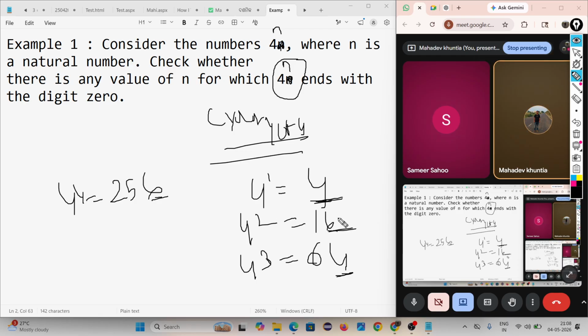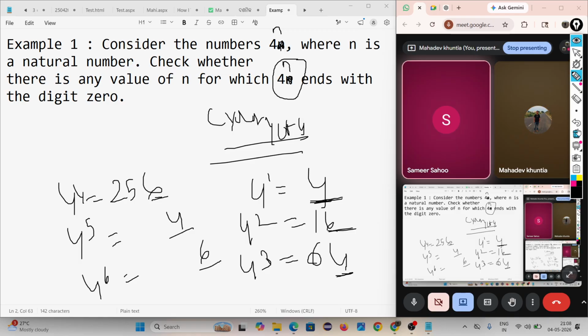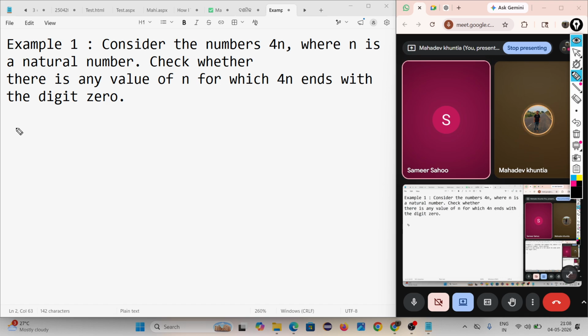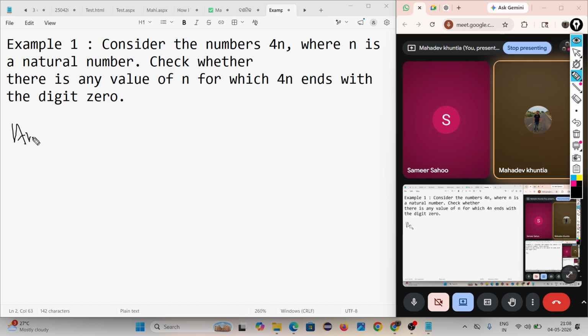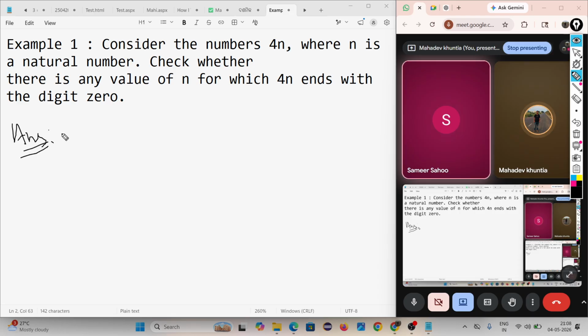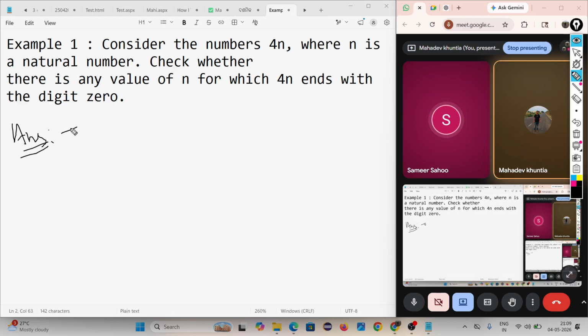No, because 4 raised to the power 5 must end with 4, and 4 raised to the power 6 must end with 6. So there will be no value of n for which it ends with 0. Write this as the answer. Otherwise, after watching the video, you can write the answer.